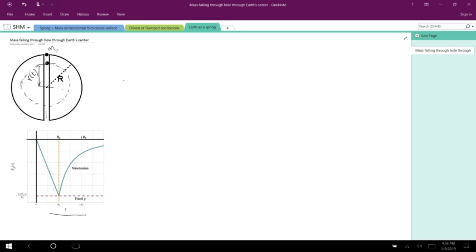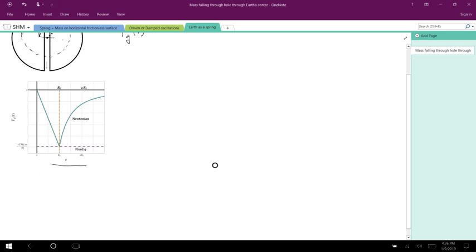Generally Newton's law of gravitation tells us the force of gravitation at a distance r, and I put a vector sign on it because this is a force, so it's a vector. The vector is radially inward, so it's going to have a negative sign, and I'm going to use the r hat vector. r hat represents the unit vector along the radial direction.